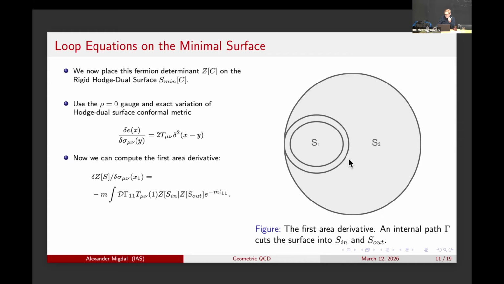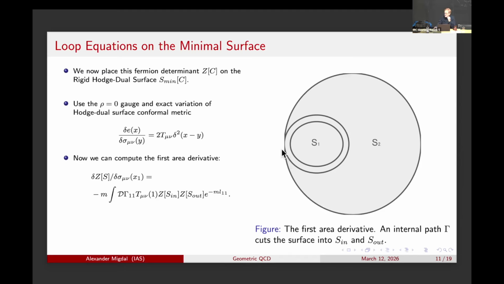So you get a remarkable thing, you get factorization: z of S in, and then z of S out, call it S2 here. So there will be one Z for this whole area outside this loop, and another for the area inside the loop. And then there will be a t mu factor sitting on this boundary. And then there will be some more all paths. And that's the basic step.